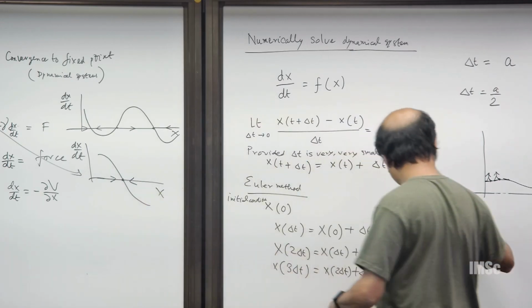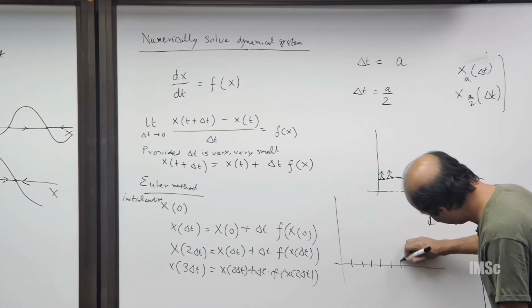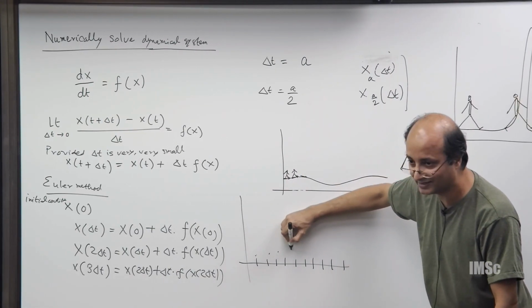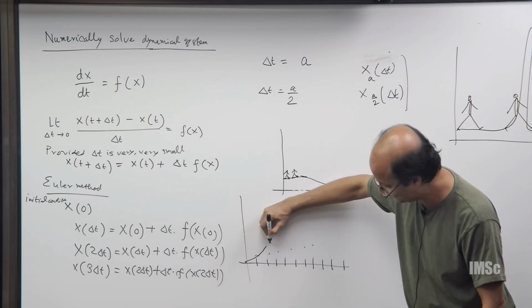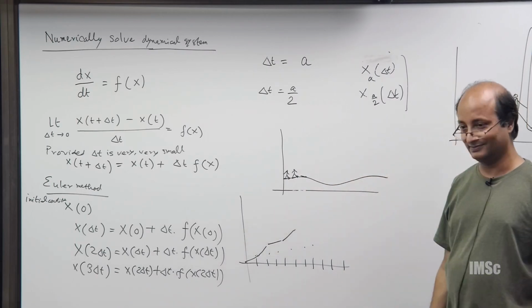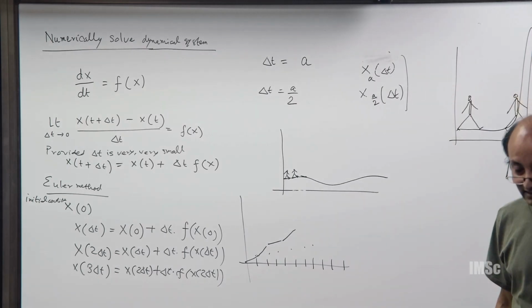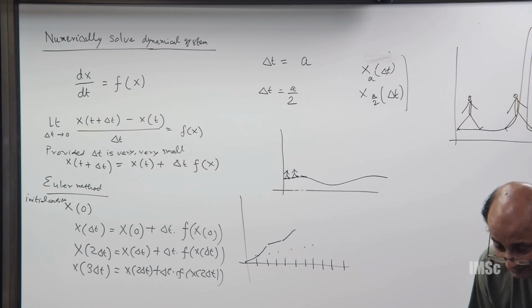So what you are doing is you are basically dividing up your time axis into intervals of delta t, and at every point you are evaluating. So you come here and then you come here and then you come here and so on. If the function is nice enough, I think it can guarantee some convergence. Sorry? If the function f of x is some nice function, yeah, this will converge to the solution x of t.